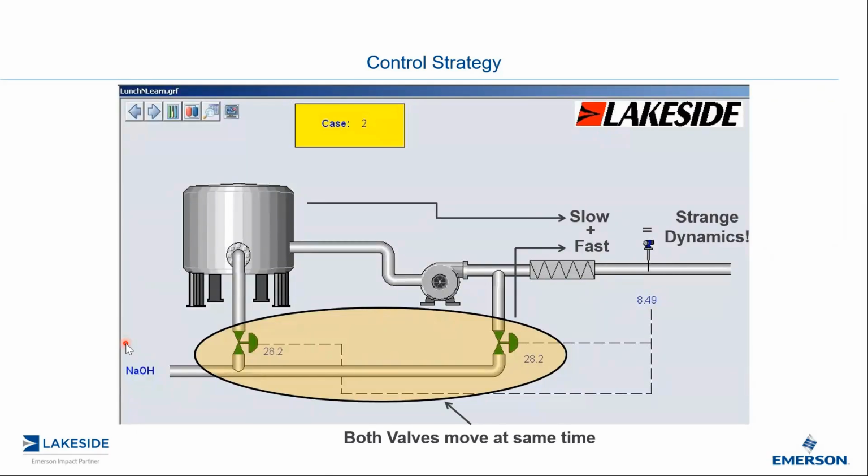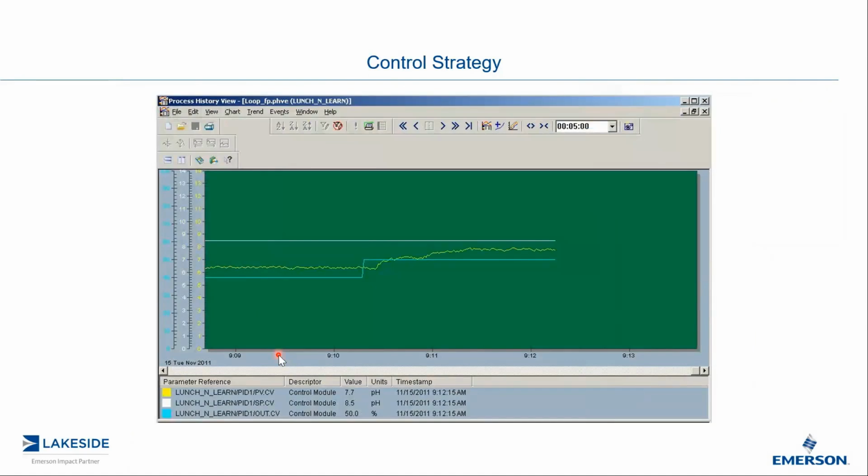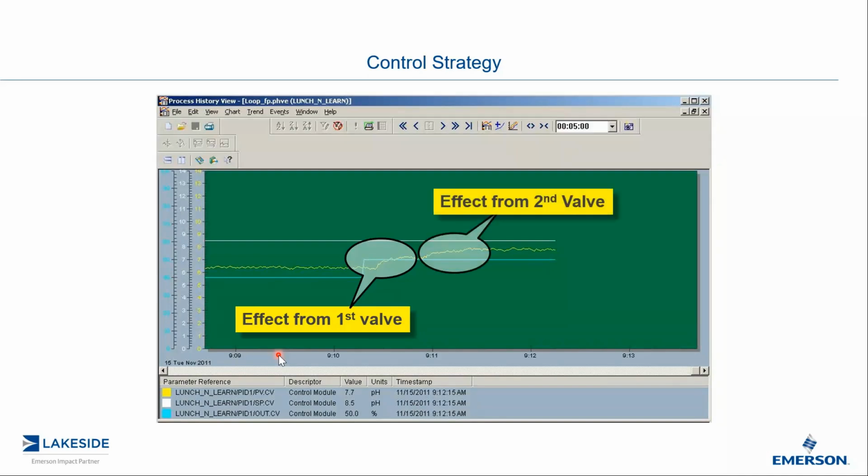And it's not a very good idea, because now we're mixing slow and fast dynamics: fast dynamics from this valve here and slow dynamics from this valve here. You can see the effect of the first valve, and then the effect of the second valve. It makes for very weird dynamics, and you can't tune this very well because you get two responses happening at the same time.